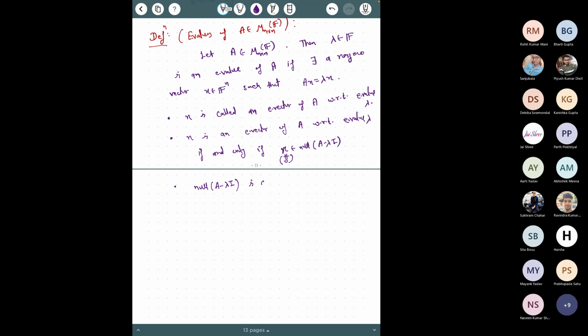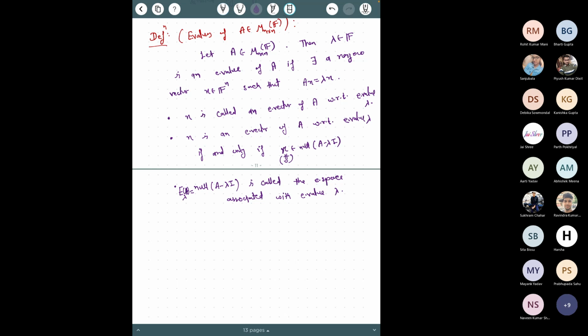It is called the eigenspace associated with the eigenvalue lambda, because every non-zero vector in it is an eigenvector corresponding to eigenvalue lambda.